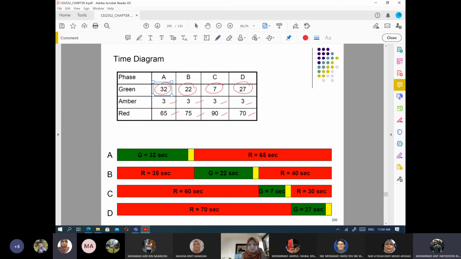Anyone? Arif lagi? Tambah je? 32 tambah 3? Kalau saya buat tabel macam ni bawah, so kita tahu kalau mana red, you buat macam table bawah ni?